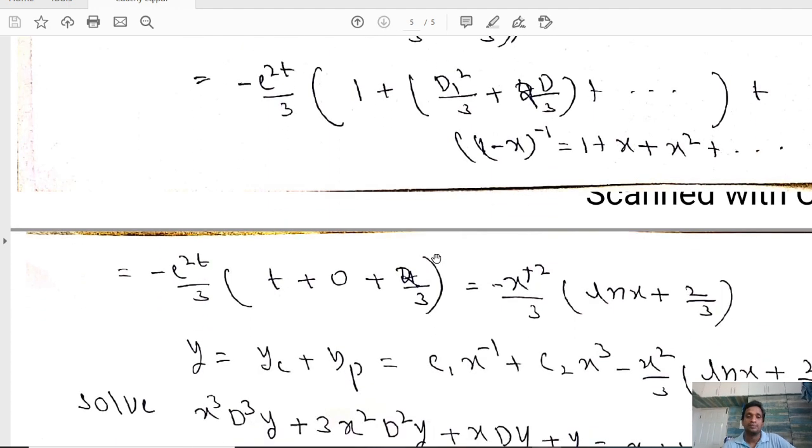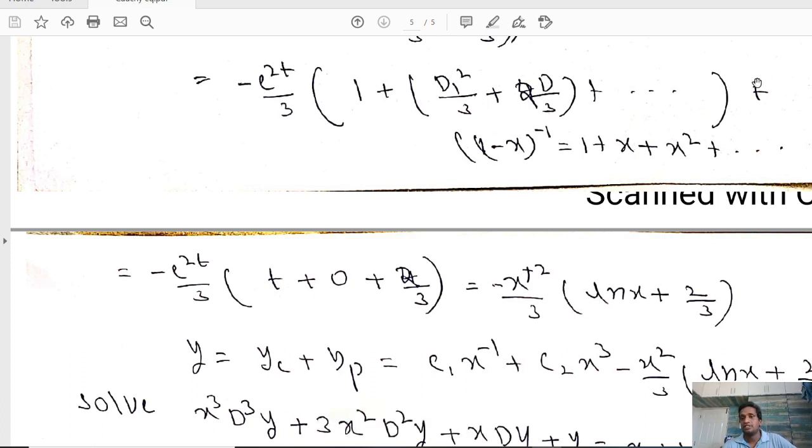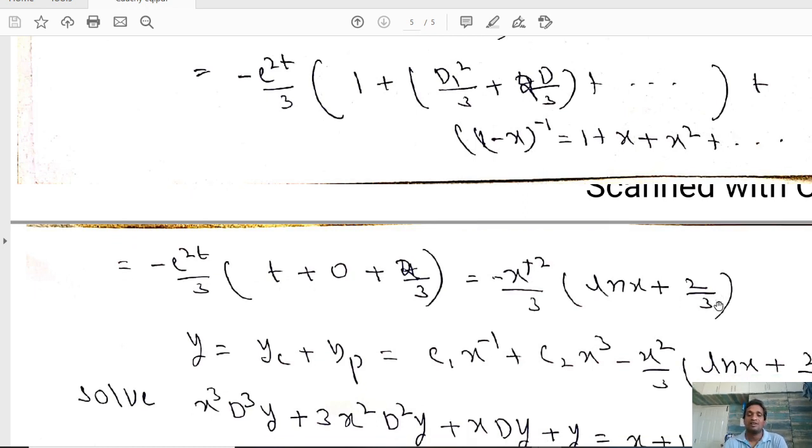So it becomes t, d1 square means 0, 2d1 by 3 means differentiation of t with respect to t is 1. So 2 by 3. So e power 2t means x square by 3, t means ln x plus 2 by 3. This is our yp.